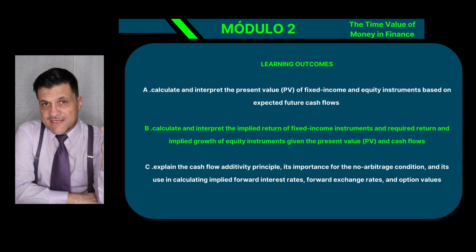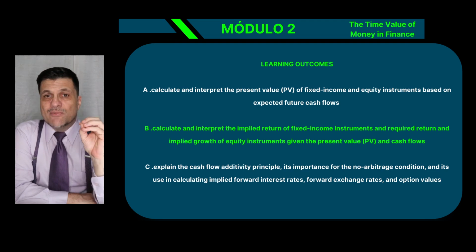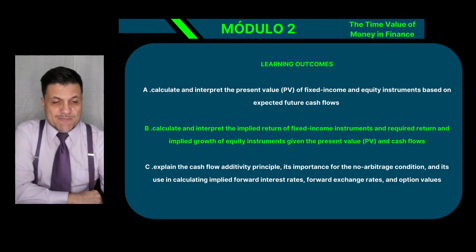So we're going to see some examples. The idea here is very simple, friends. Try to understand that very simple idea, which is the premise of valuation in finance. What is the premise of valuation in finance?